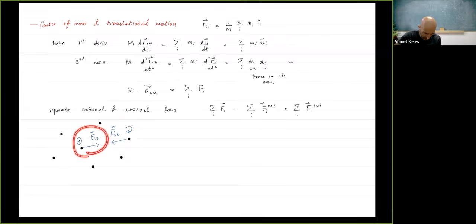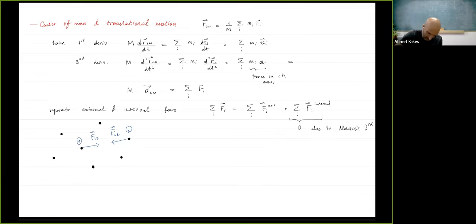So if you sum over all of these individual pairs, this internal sum is going to be 0, due to Newton's third law.